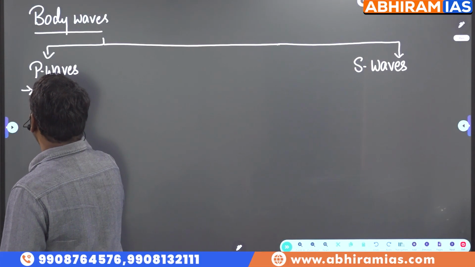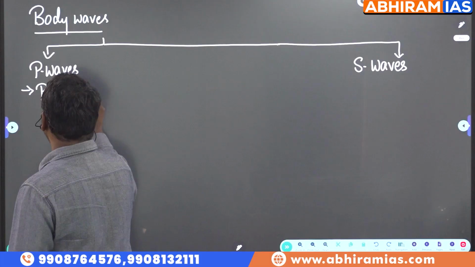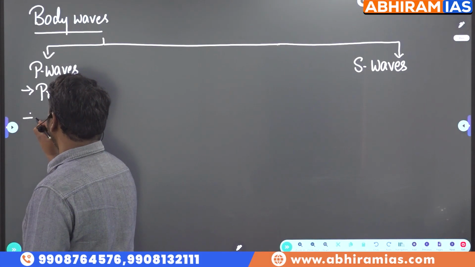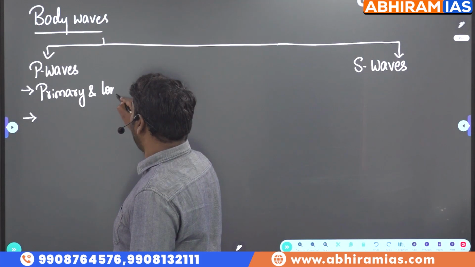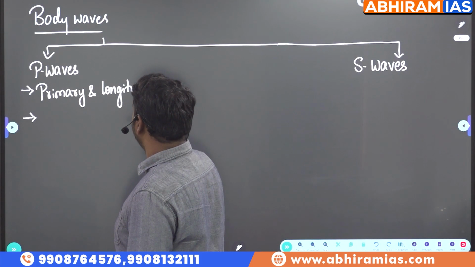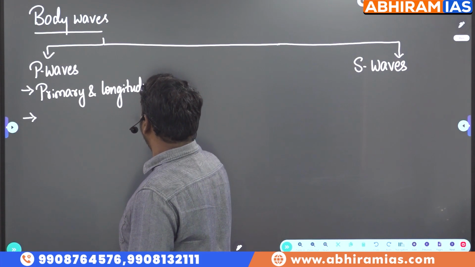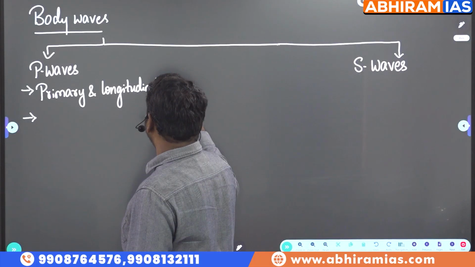P waves are also called primary waves, and they are called longitudinal waves.